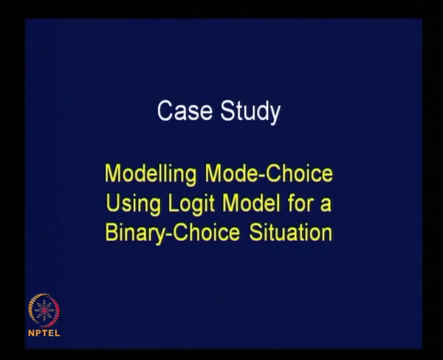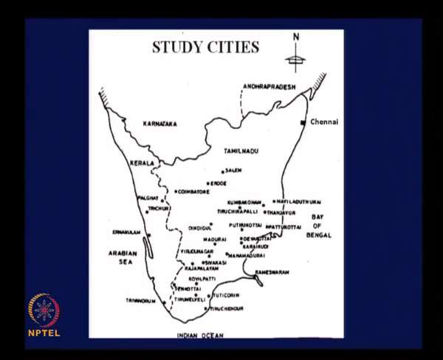The cities considered for this particular case study were spread over space covering 2 states, Tamil Nadu and Kerala. You can see there are 4 cities involved in the state of Kerala: Trivandrum, Trichur, Palakkad and Ernakulam, and 22 cities apart from Chennai are in Tamil Nadu state.